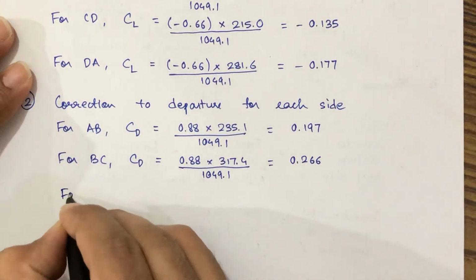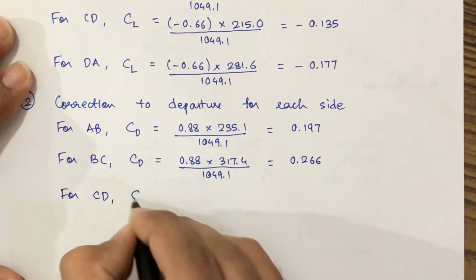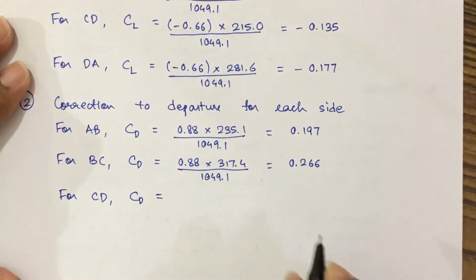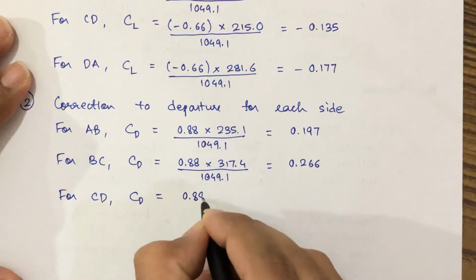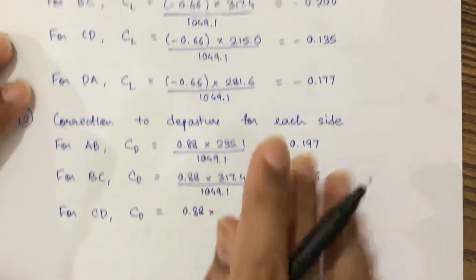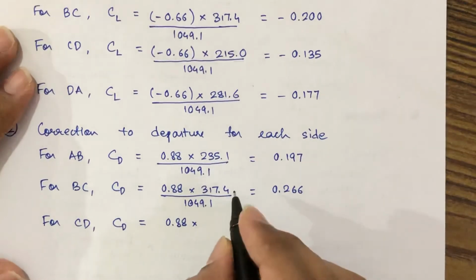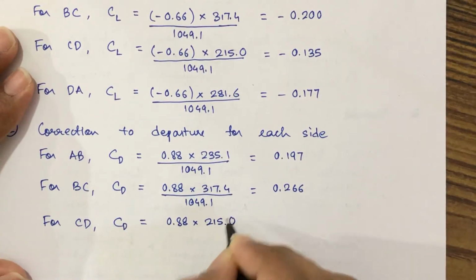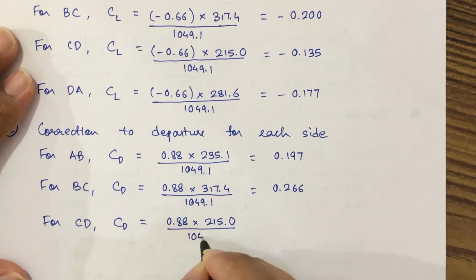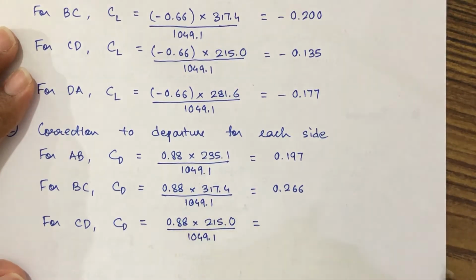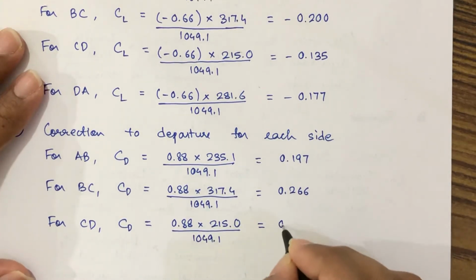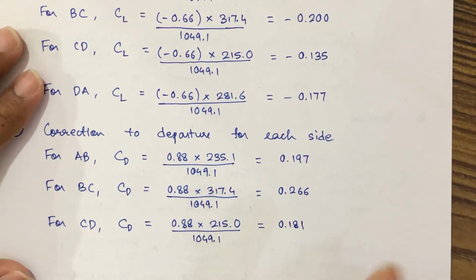Now for CD, the correction to departure will be 0.88 into the length of CD, 215, divided by 1049.1, and this value comes out to approximately 0.181.